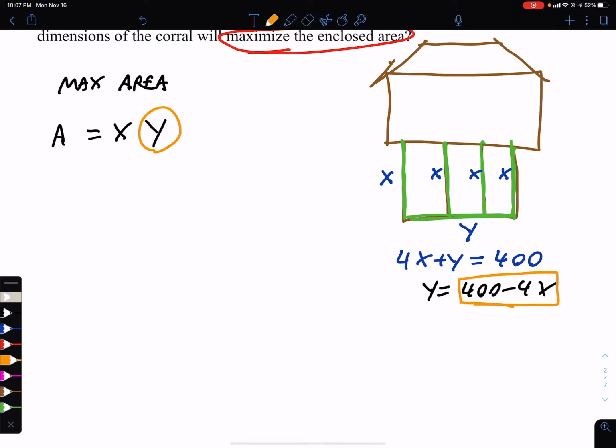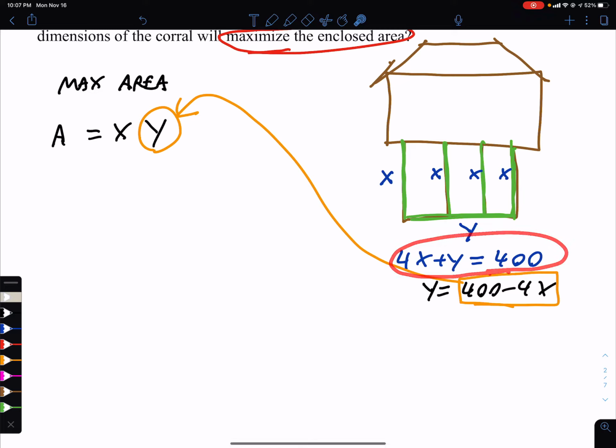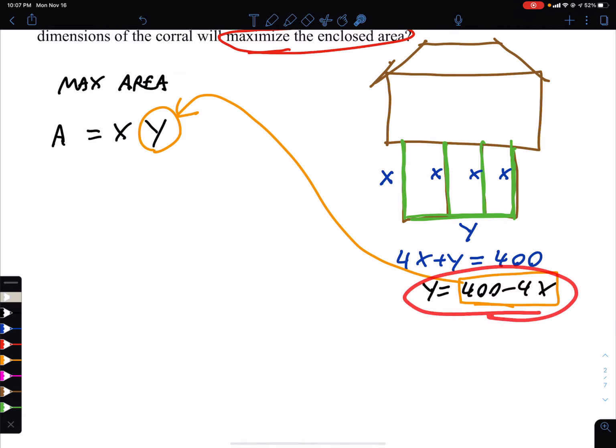So in place of y, you replace with 400 minus 4x. This is called the constraint, because you're constrained to 400 feet of fence. So because of that, you have a secondary equation, and you use that to replace one of your variables.